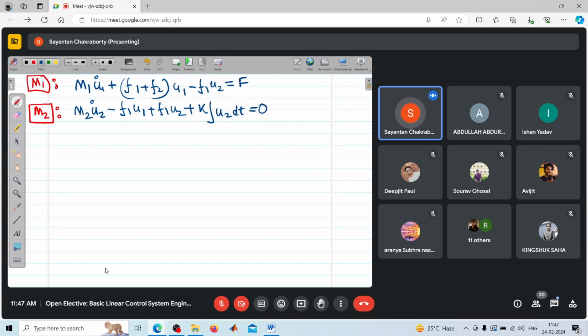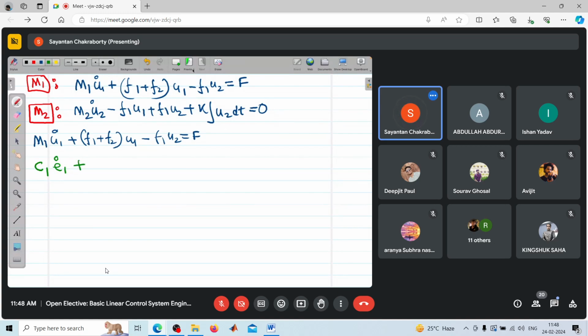Say for the first equation, M1 U1 dot plus (F1 plus F2) U1 equals F. From the current analogy, we know this M should be replaced by C1, and this U1 can be represented by the velocity, sorry, the voltage E1 dot.